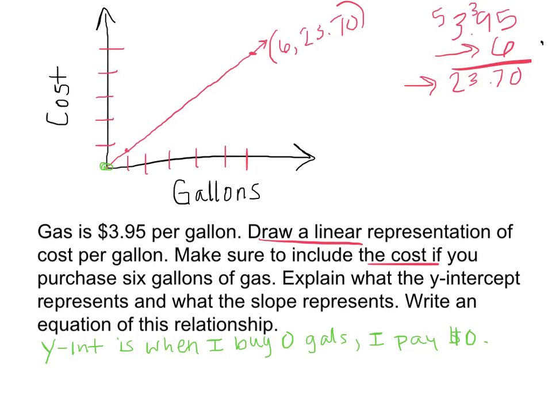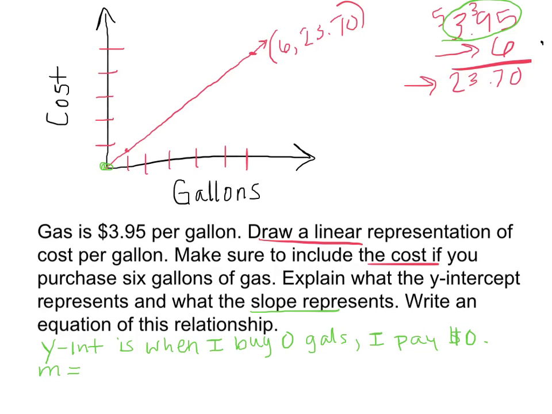Now, what's the slope? What does the slope represent? The slope is equal to what? How did we get from (0, 0) to (1, 3.95) to (6, 23.70)? Well, what we did was multiply the number of gallons by 3.95. So if we're multiplying the number of gallons by 3.95, that must be our slope.